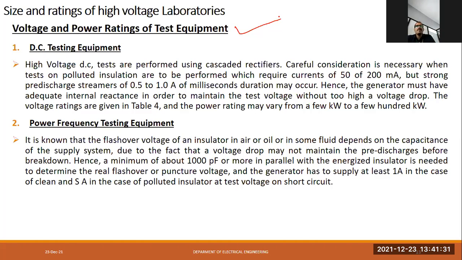Okay, in such cases, what necessary precautions are you going to take? When we are taking a test, okay, just a minute.